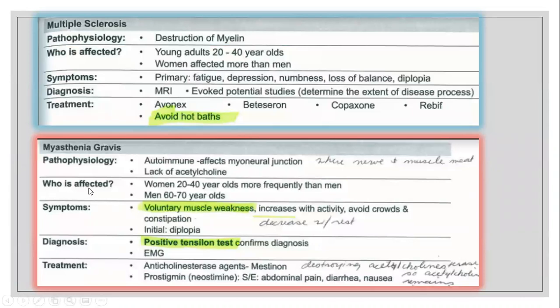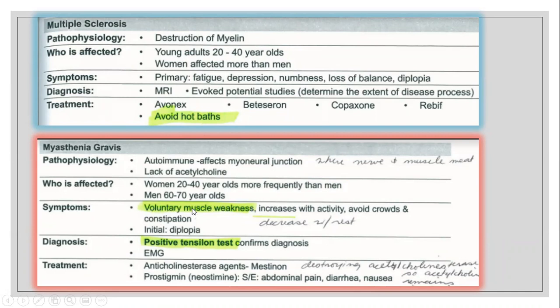Who is affected? Women, as with multiple sclerosis. Women 20 to 40 years old are affected more frequently than men. Usually men 60 to 70 years old are affected more. The common symptoms of myasthenia gravis: voluntary muscle weakness, not involuntary.